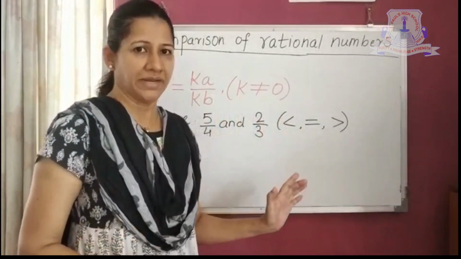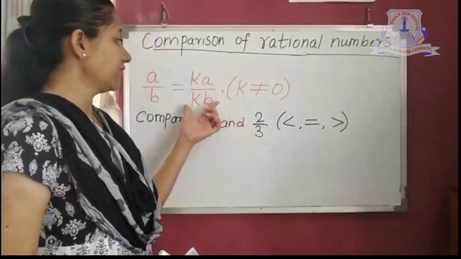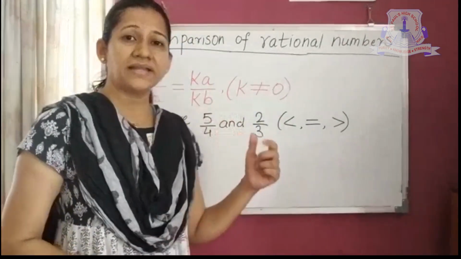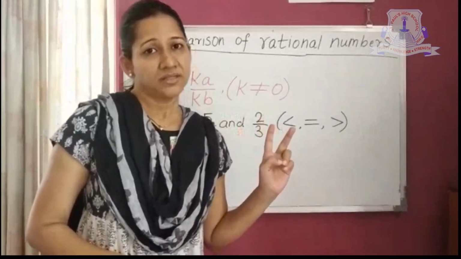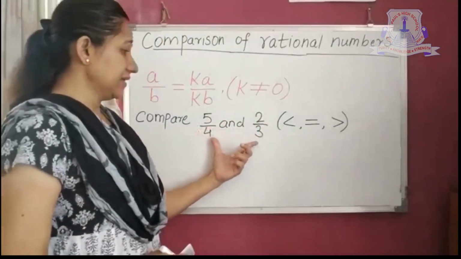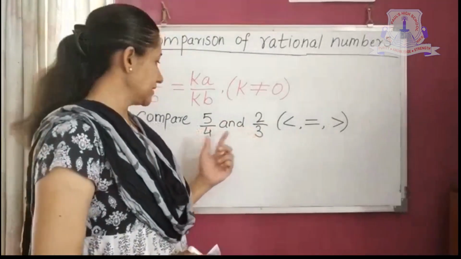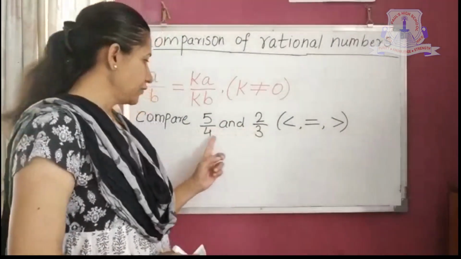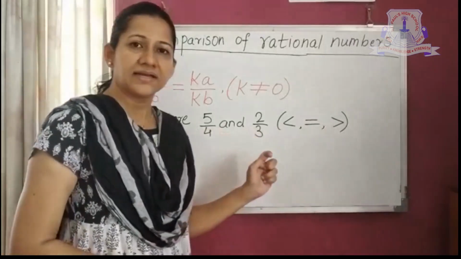Keep this in mind. On the basis of this, we will be comparing two rational numbers. Here I have written any two rational numbers. These are two fractions, and their denominators are different.